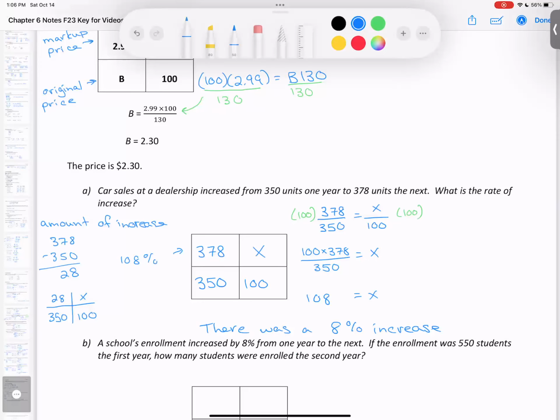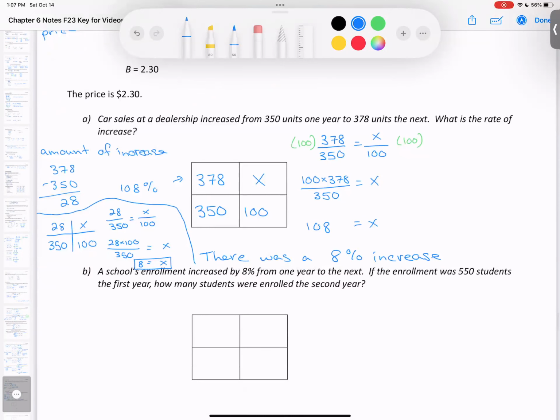Let's do it this way too, just to prove to ourselves we'd get the same answer. So I'm going to multiply both sides by 100. So I get 28 times 100 over 350 equals x, and so I should get x of 8%. And I do. So here now we've just calculated the percentage increase alone, which is 8%.